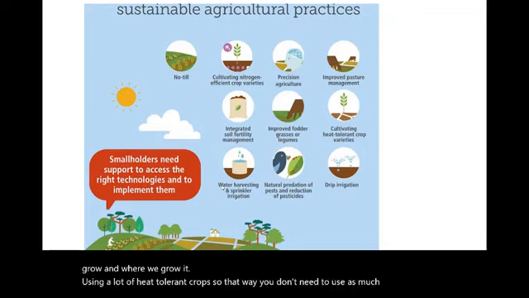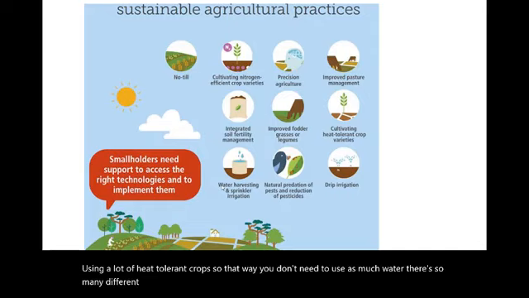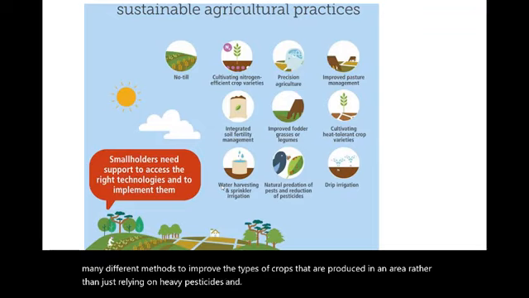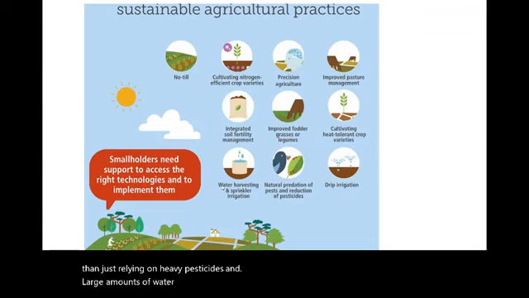There are so many different methods to improve the types of crops produced in an area rather than just relying on heavy pesticides and large amounts of water usage and miles and miles and miles of one crop.